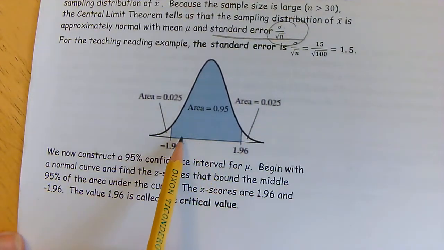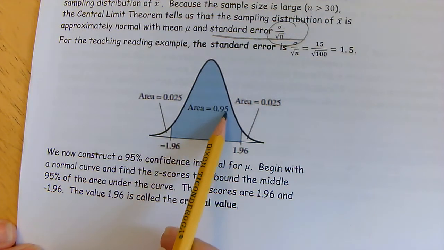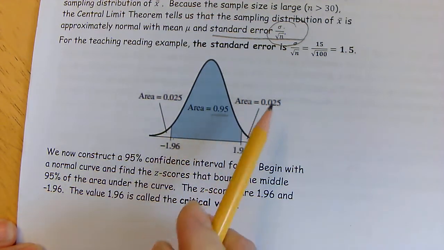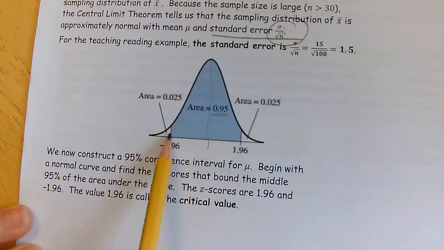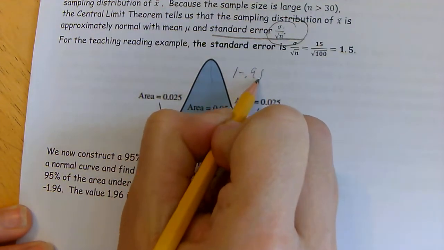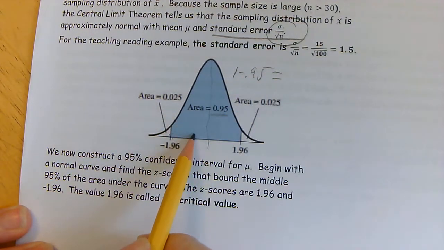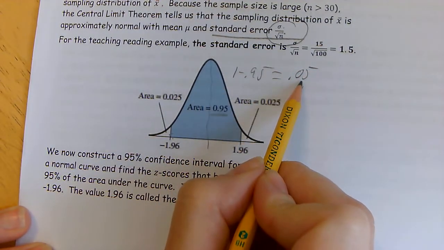So let's talk about the confidence interval itself. If we want 95% confidence, this interval is centered around the mean, so it's centered in my normal distribution here. So 95% confidence, we're going to cover 95% area under the curve, leaving us 5% not covered.